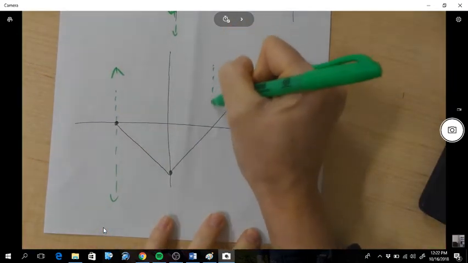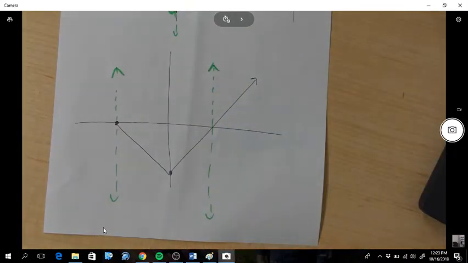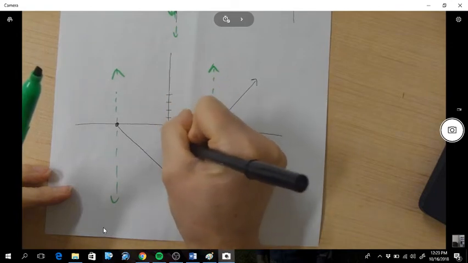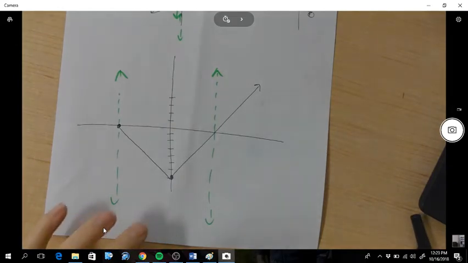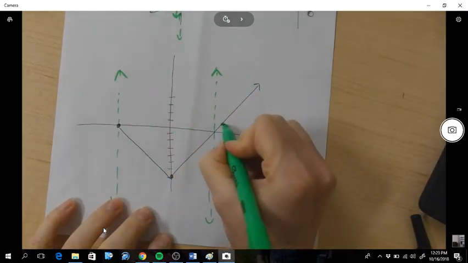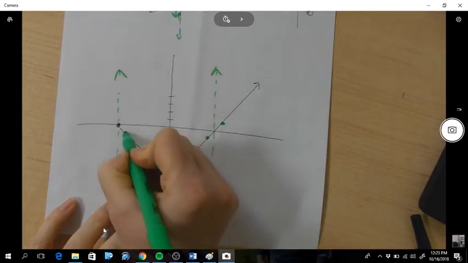Height of 0, draw an asymptote. Now I'm going to look for heights of 1 or -1, and then they stay.